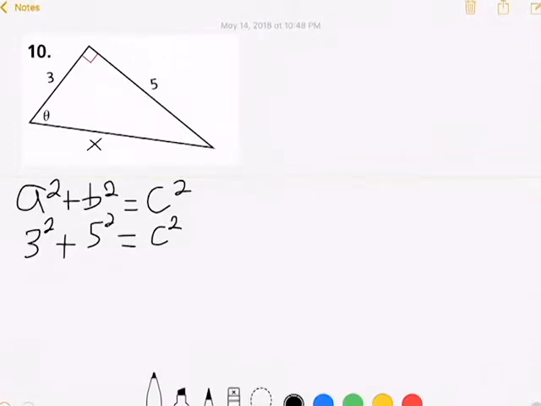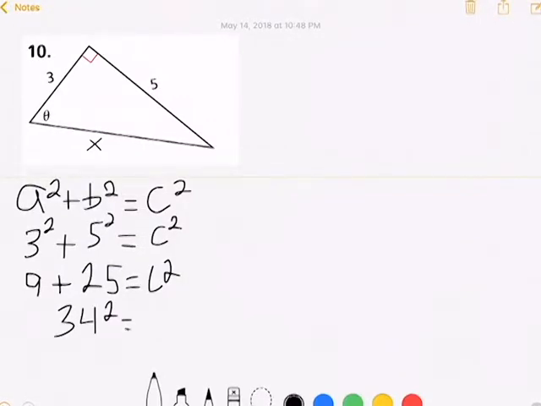So 3 squared is 9, plus 5 squared, which is 25, equals c squared. All you have to do from here is simply add these two numbers together, which is 34, equals c squared. And what you want to do from there is find the square root of 34, which is 5.8 rounded.